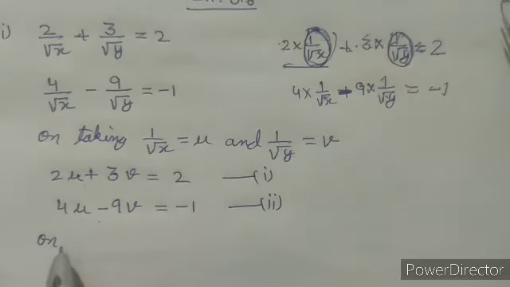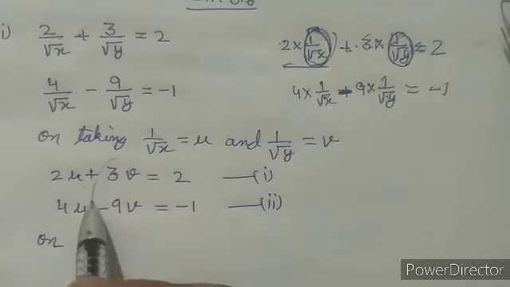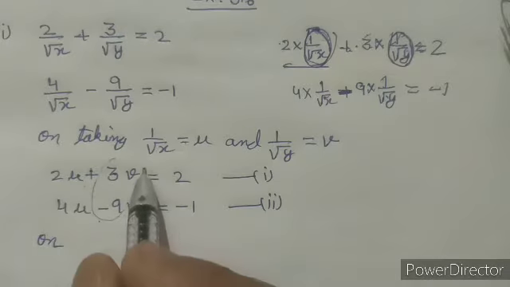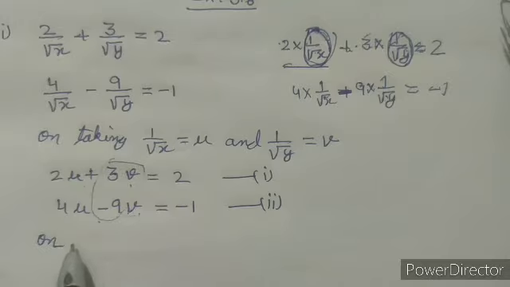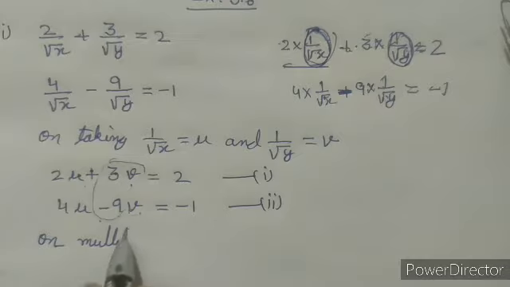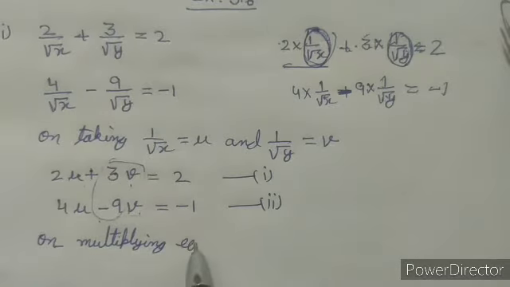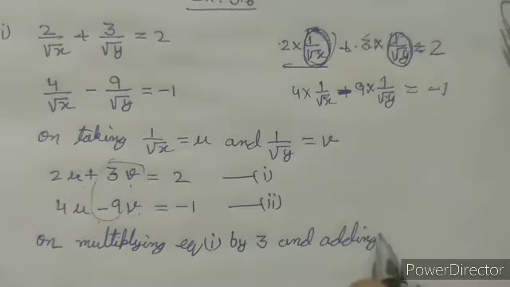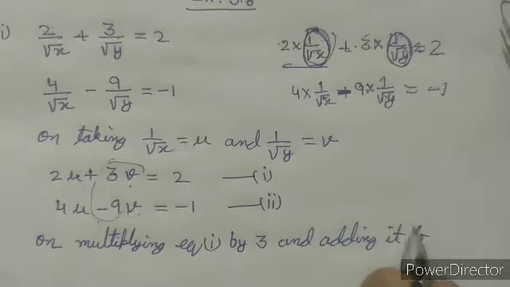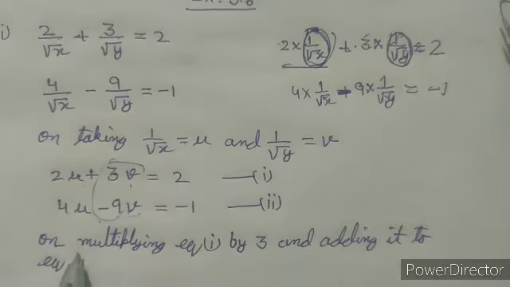Here I am making the coefficient of v equal in both the equations. So on multiplying equation first by 3 and adding it to equation second.